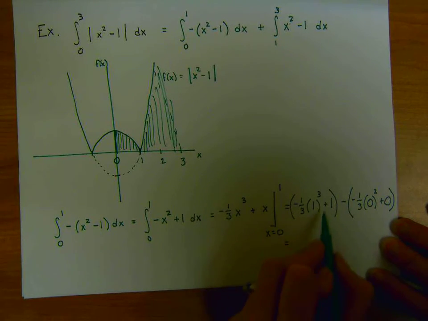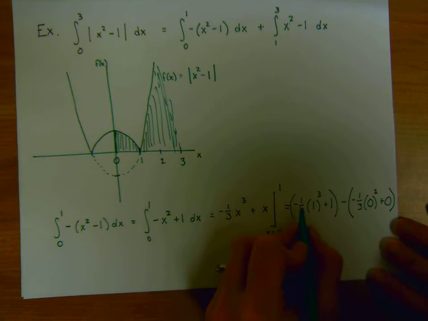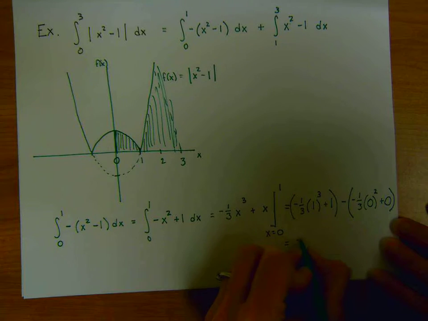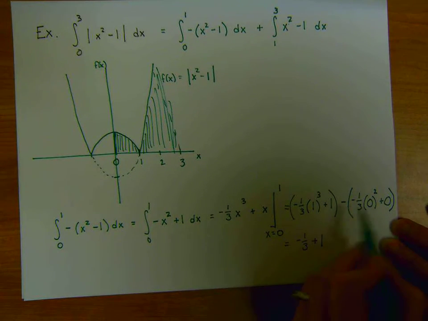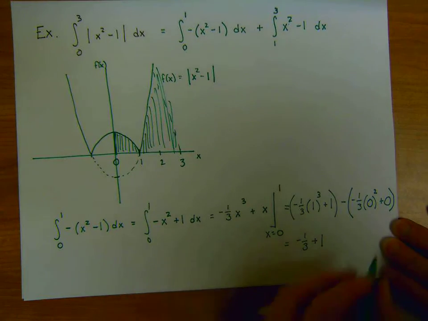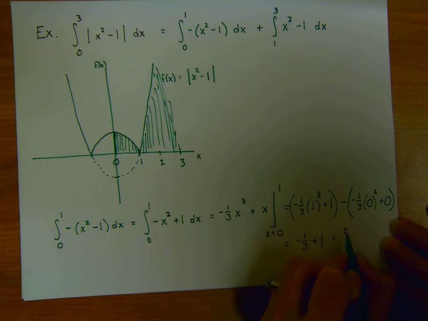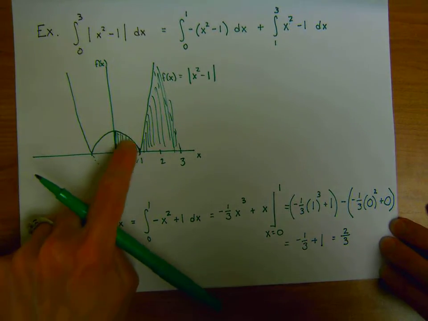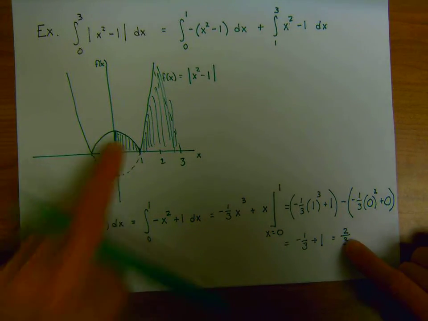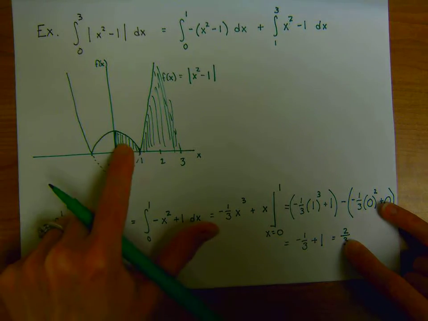So this first term, 1 cubed is just 1, so I get negative 1/3 plus 1, and then I subtract off 0 plus 0, which is actually just 0. So I see that this first integral gives me a value of 2/3. So that's what this area right here is. It's an area of 2/3, because that was this first integral.